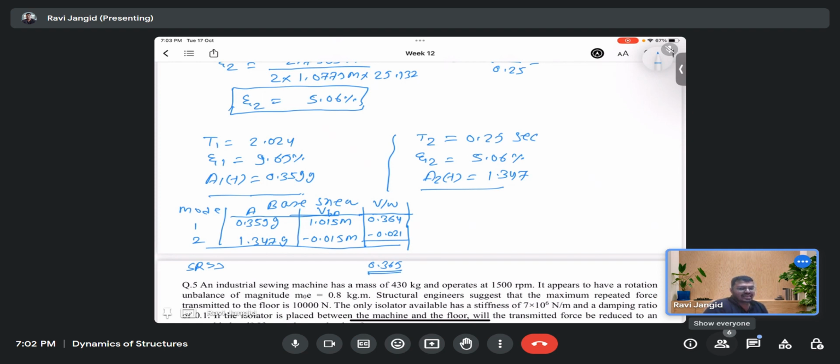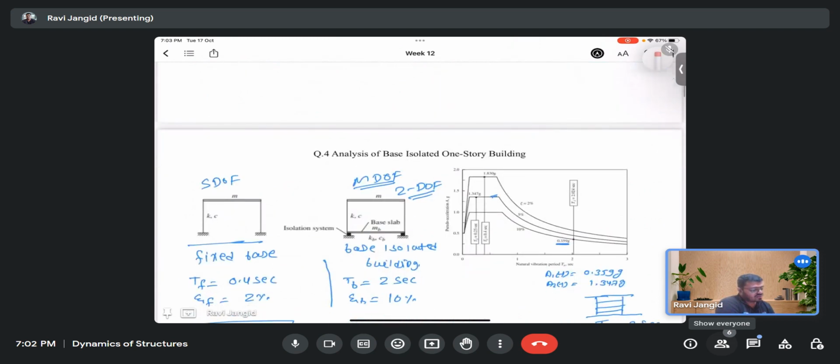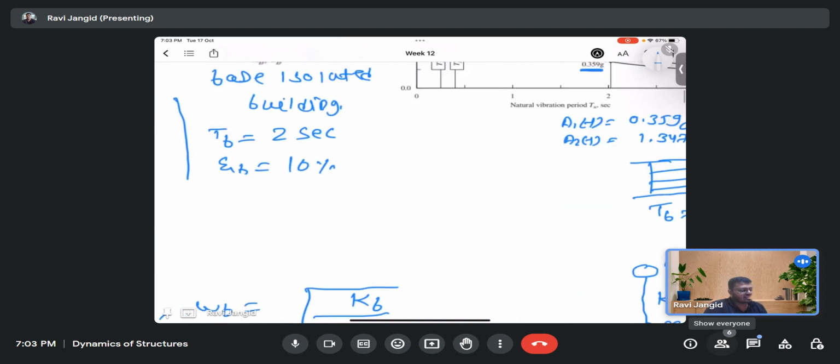So this is for the base isolated building. Now if I take the fixed base building, which is actually an SDF system, in which Tf is 0.4. Corresponding to Tf equal to 0.4, looking at the time period for the 2% damping, it is nearly how much? 1.830g.